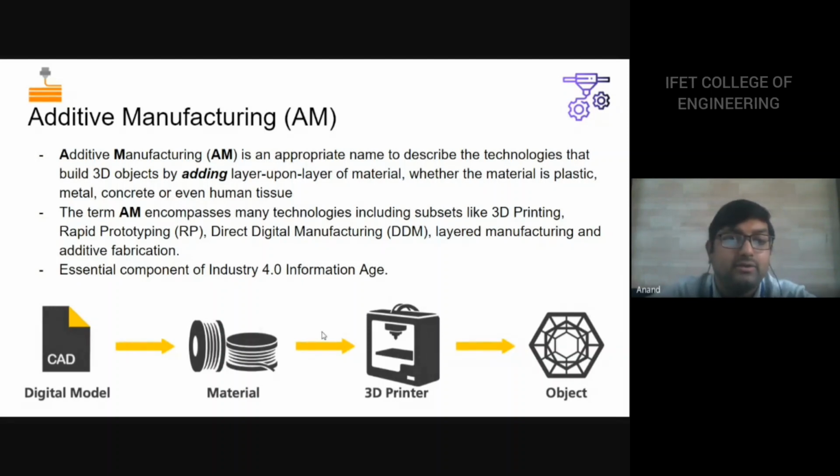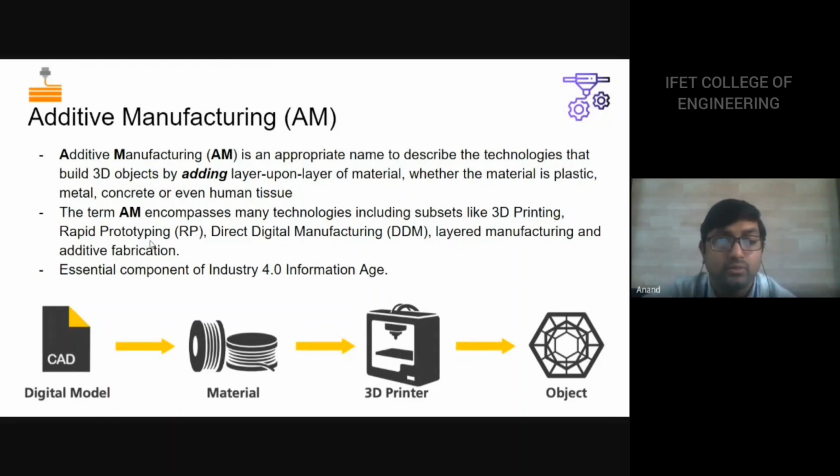Now, a few terminologies that are synonyms of 3D printing include rapid prototyping. Why is it called rapid prototyping? Because a prototype is the first product that has been made, for display purposes or just showcase purposes, right?